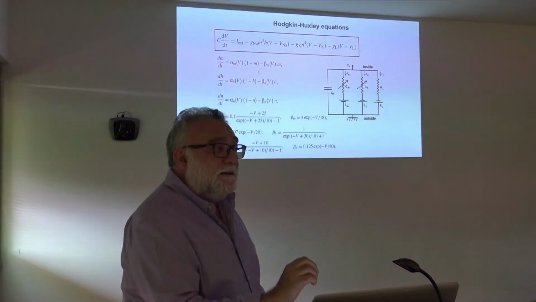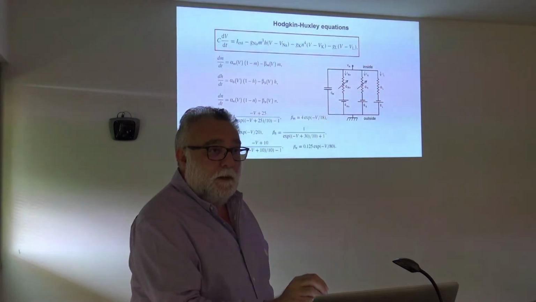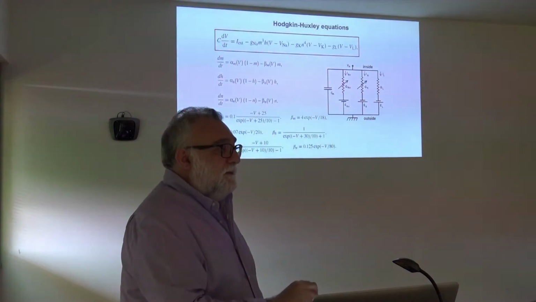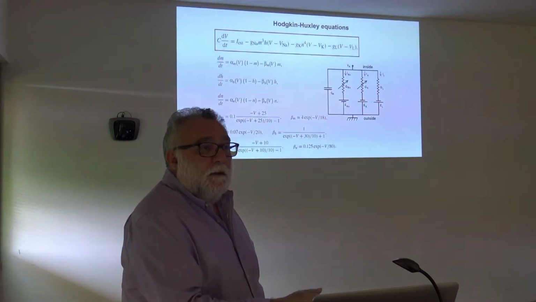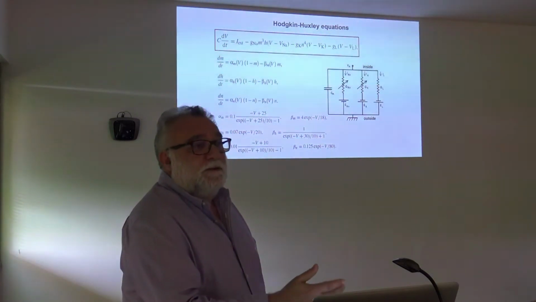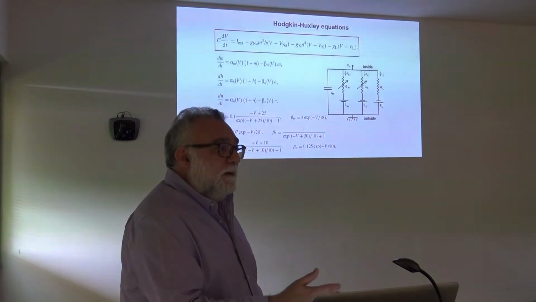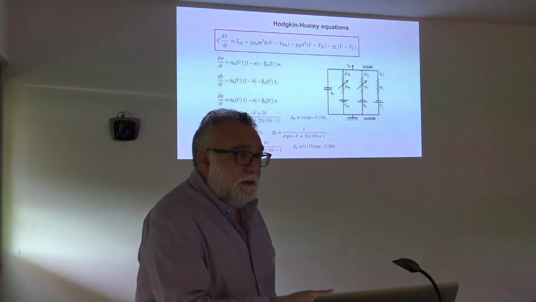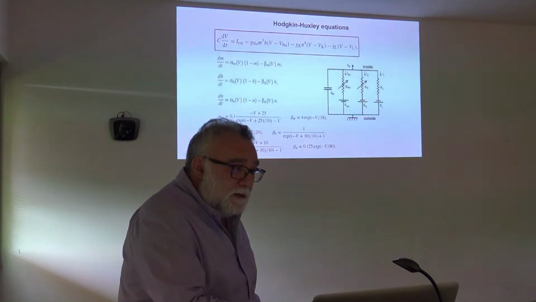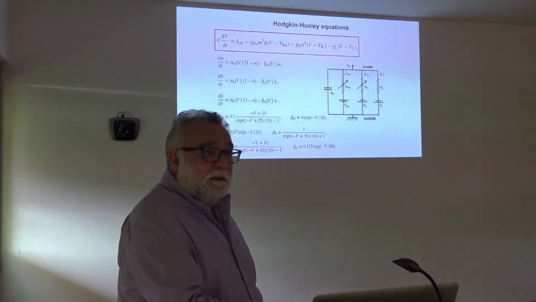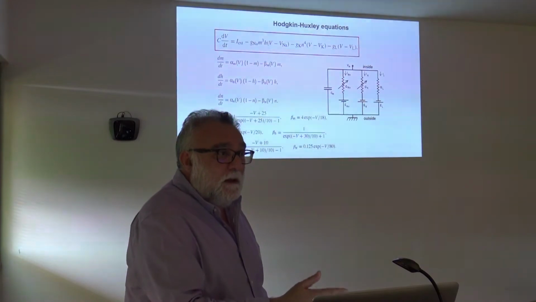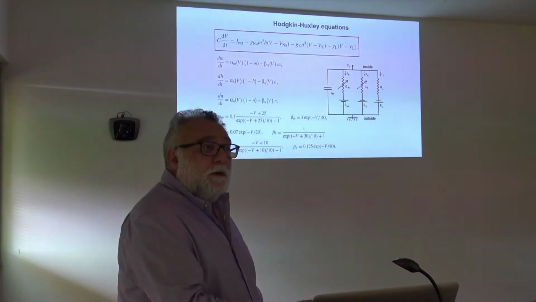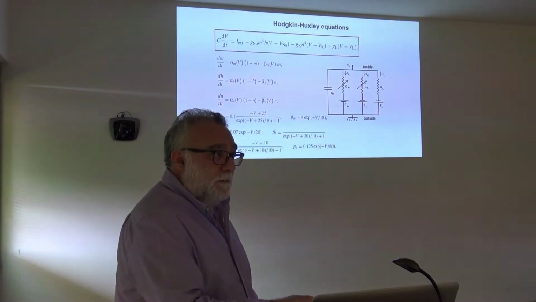Those are numbers that the experimentalist gives to you. The experimentalist will tell you, I need to check that my potassium ion channels work in the way I think they work in my experiments. They will give you all these numbers in such a way that you can replicate the activation and inactivation properties, which they call kinetics, of that specific channel, and you can include it in your simulation.